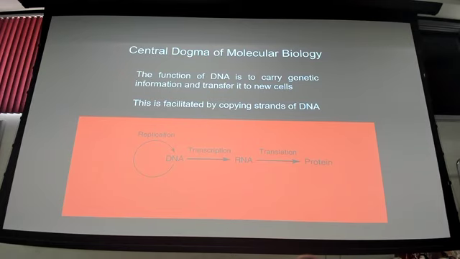So they'll replicate their DNA. And when it's time to express their genes, then they have to undergo transcription. So genes are transcribed into messenger RNA, and then those messenger RNA transcripts are in turn translated into protein. That's how it works.